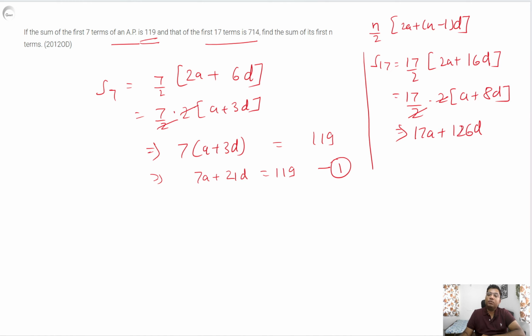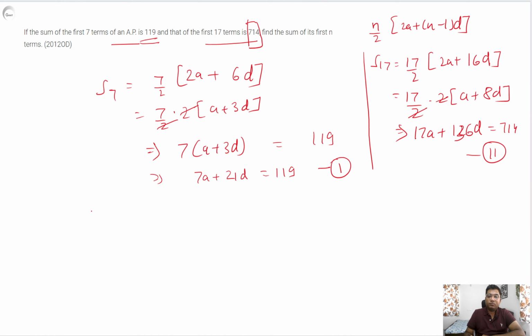Yeah, 136, my bad. 136d. And this is equal to 714. See, it's the information that they had given. 714 is the number. So this is your equation number 2. So we have our two equations, two variables. We'll eliminate them, and from there we'll get the values of a and d.